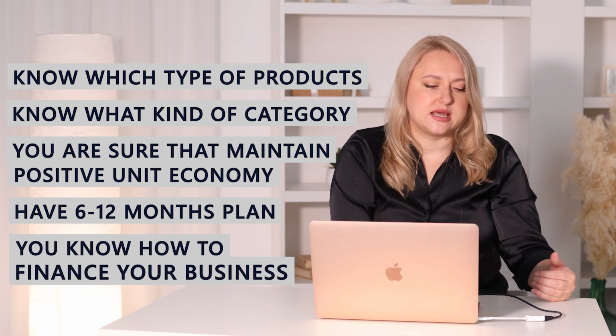Because sometimes when you add all of the expenses, you realize that the budget you initially planned is not enough. And in this case, you maybe don't even need to open the company. You just need to open an individual account, if it's possible in your situation, and go with that business model first. Or, for example, you don't need to prepare so much to launch your private label business because of the lack of finance, but you can do wholesale.